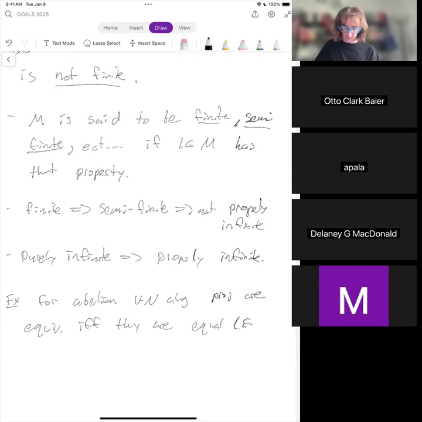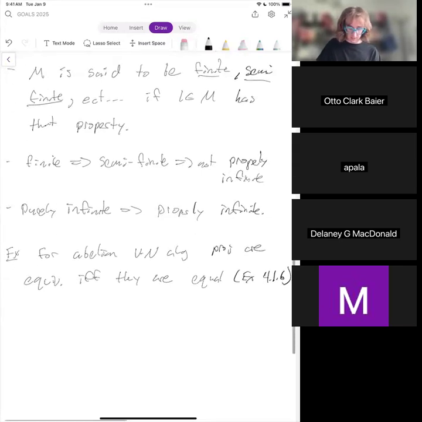This is an exercise from 4.1. So abelian projections are finite.